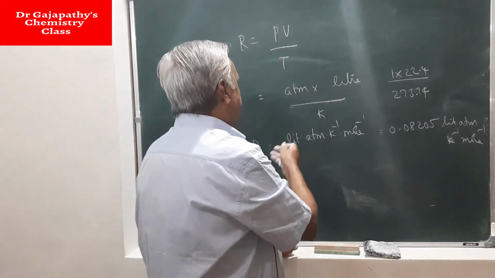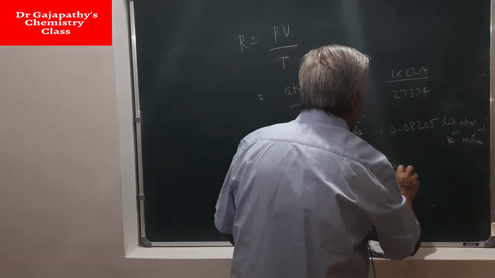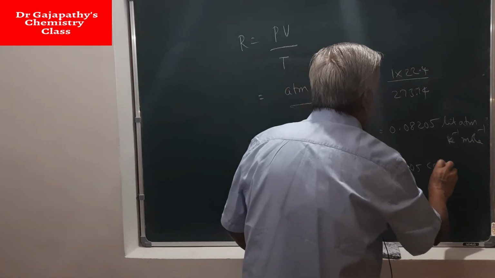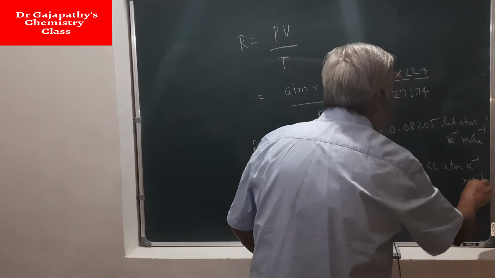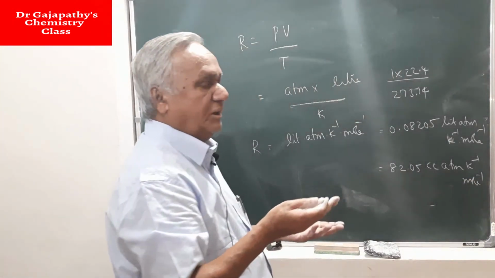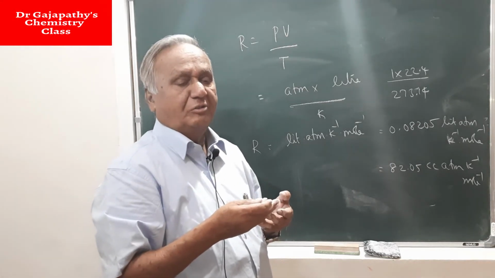Instead of liter, if you substitute in cc's, it will be 82.05 cc atmosphere per Kelvin per mole. So depending upon in which unit you substitute, you have to use the appropriate R value for calculations.